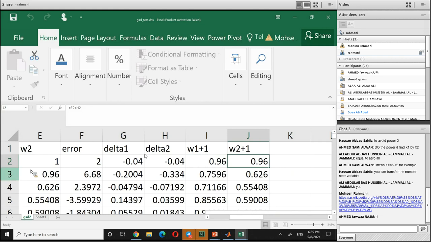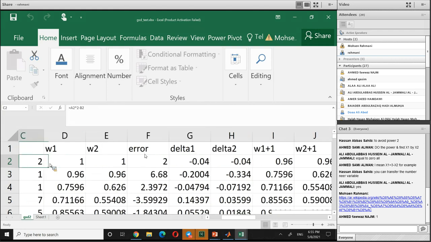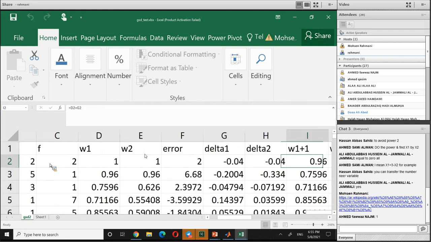W2 for the next step is the summation of w2 and delta 2.